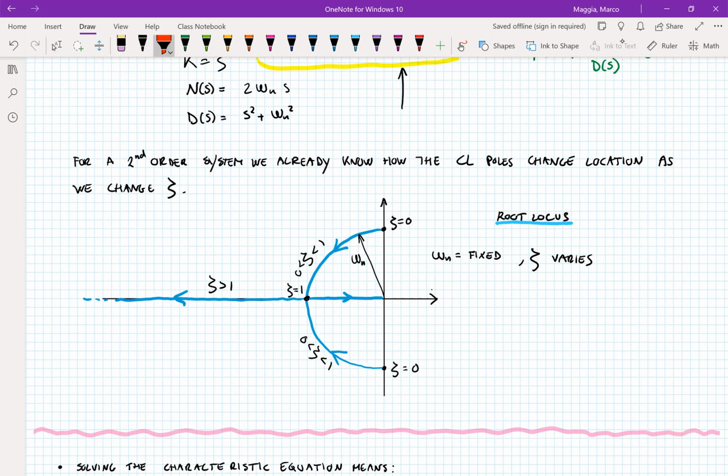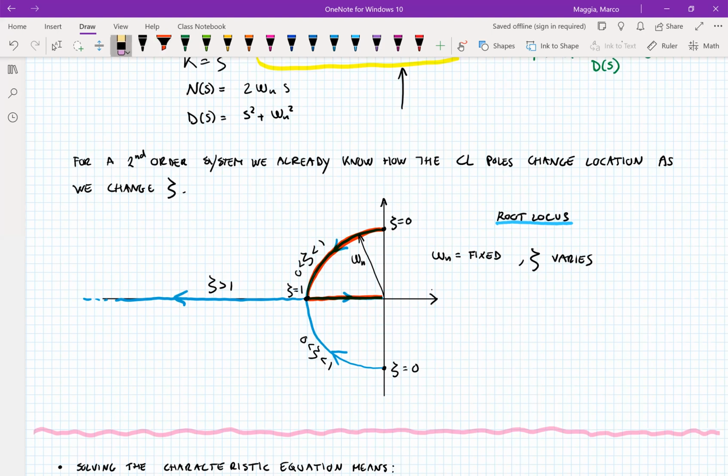As we will see later, we can consider, as we increase the parameter zeta, one branch collides with the other. I'm not going to color, I'm just going to leave it in blue. But then one goes to the right and the other one goes to the left.